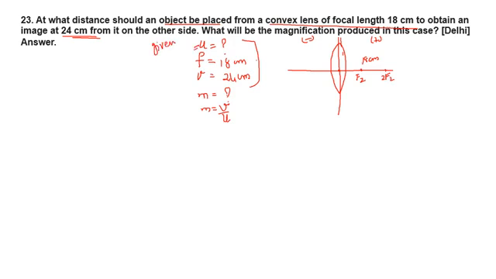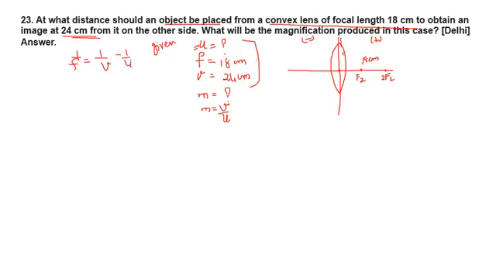To find out the object distance, I need to use the lens formula. What is the lens formula? The lens formula is 1 upon f is equal to 1 upon v minus 1 upon u.